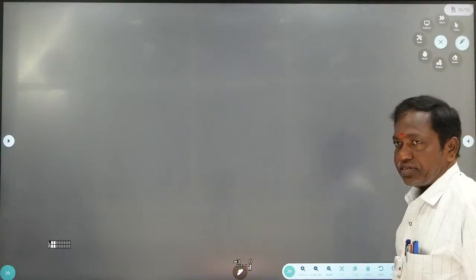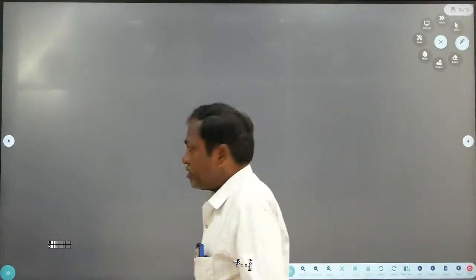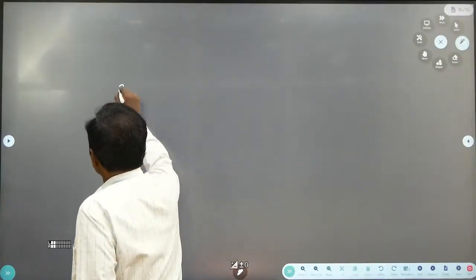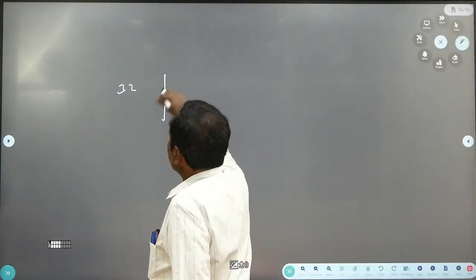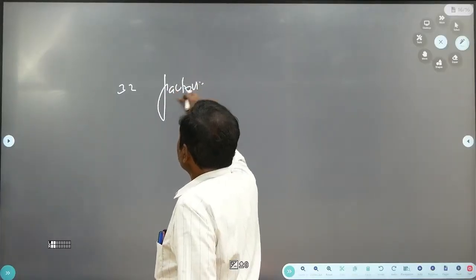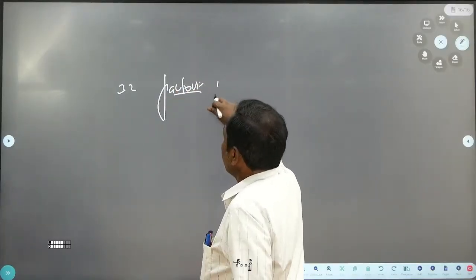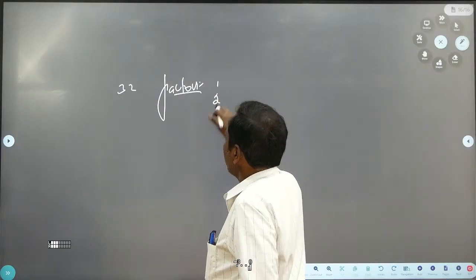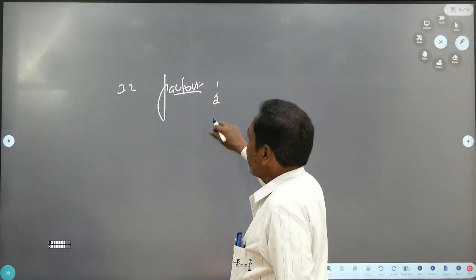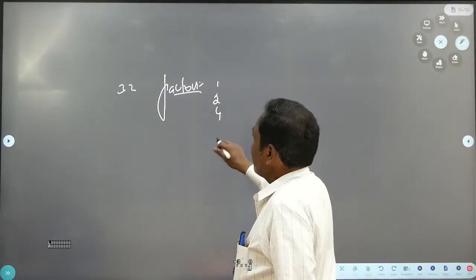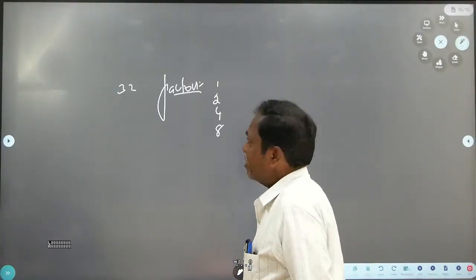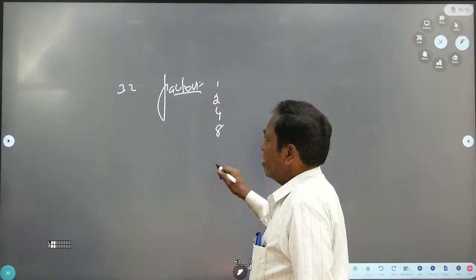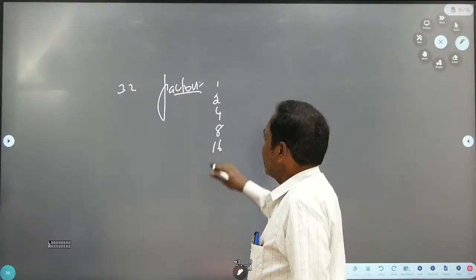And next, you can see finding the factors. Now we can see 32. What are the factors for 32? 1, then 2, since it is an even number. 3 is not. 4 we can take. 5, no. 6, 7, 8, 9 and so on, up to 16, yes.